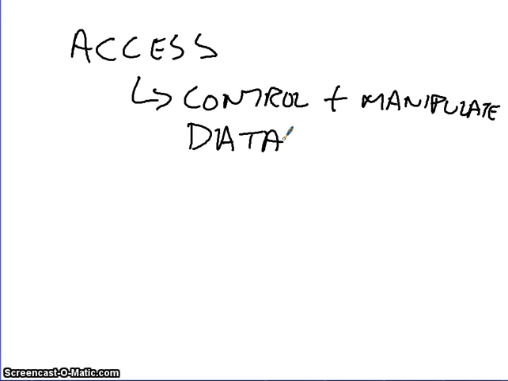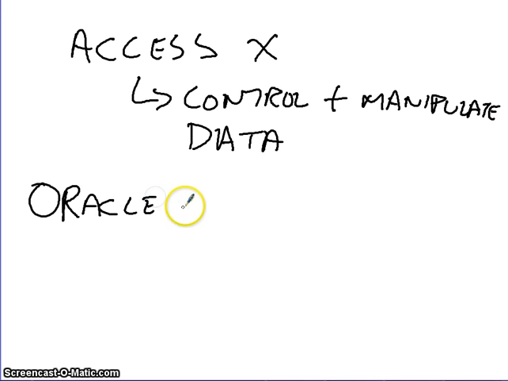The problem is if I wanted to do anything more complicated, Access wouldn't allow me to do it. Then you would need to look at something much more sophisticated. One of the more sophisticated ones is known as Oracle. And Facebook tends to work on an Oracle database. It's not quite the same, but it does.